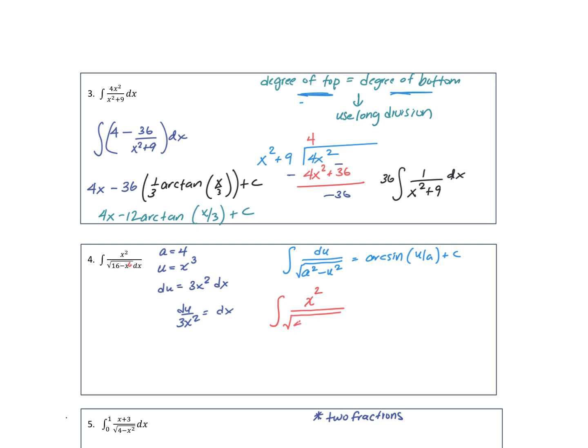So I get 4 squared minus u squared, and then for dx, I'm going to plug in du over 3x squared, cancel, cancel, take out the 1/3. So we're going to get 1/3 arcsine of u over a, so u is x cubed over 3 plus c.